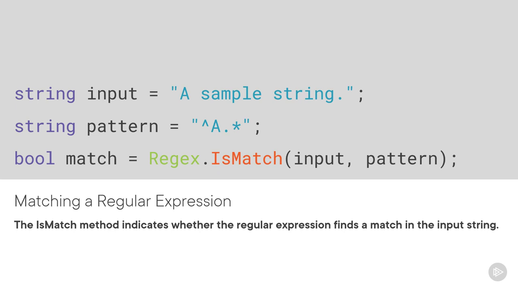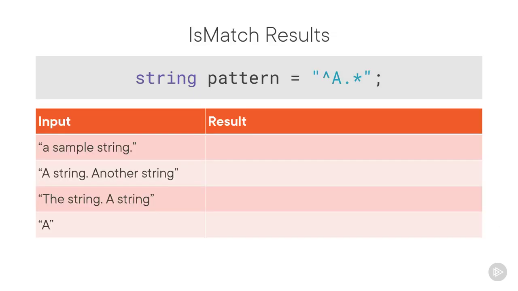In this example, the value of IsMatch will be true because the input string begins with the letter A and therefore matches our pattern. Here are the results of using this same pattern to match other input strings. This match fails because the first letter is a lowercase letter A, and we expect it to be uppercase. The second string here matches because it starts with an uppercase letter A. The whole string will match even though there's another uppercase letter A later in the string.